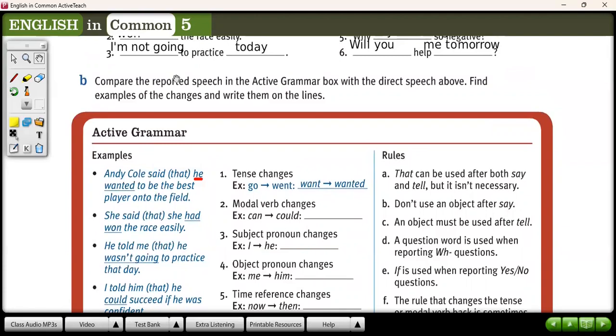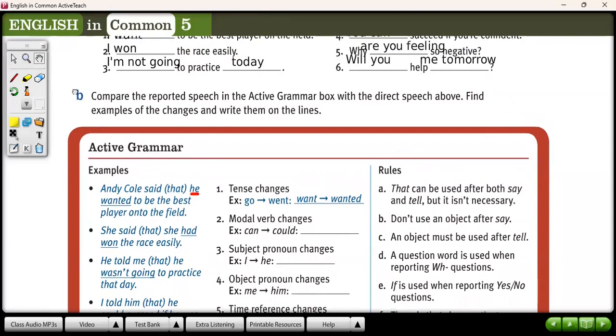So he told me he wasn't going to practice today or that day actually. When I report something, I may also change some time references. So instead of using today, I'm gonna use that day.